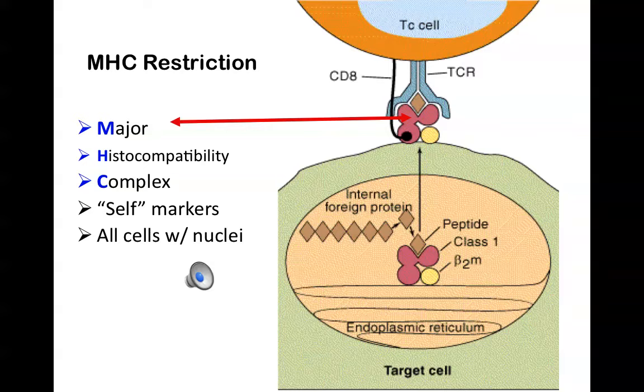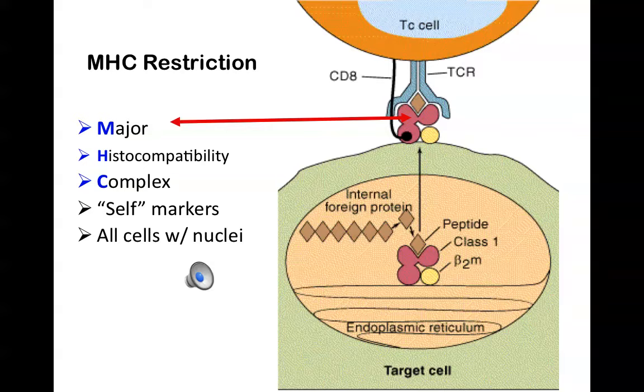Oftentimes, though, we have to distinguish who is who. Which cells are infected in our bodies, which cells are us and not us. To do that, we have particular types of structures on our own individual cells in our bodies. These are labeled and described as major histocompatibility complex markers.